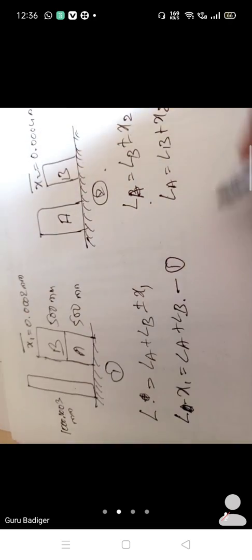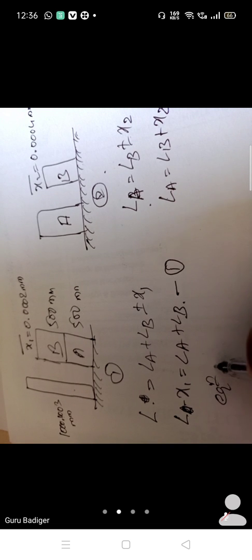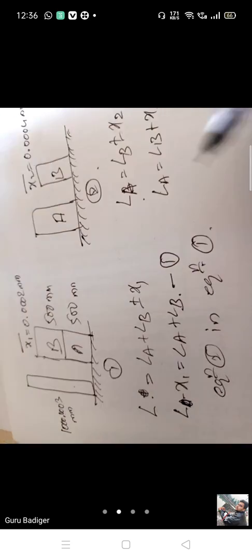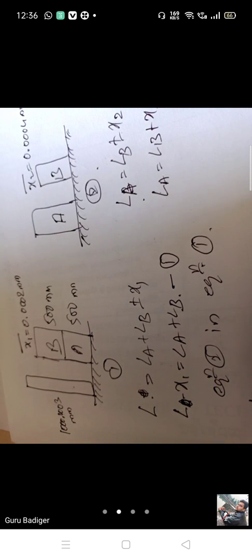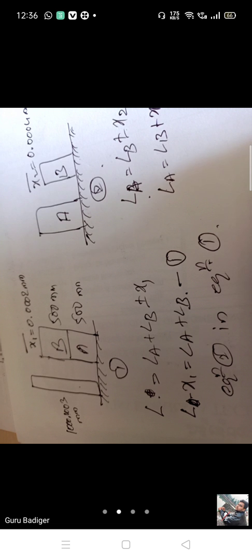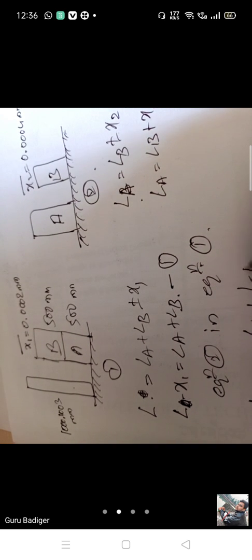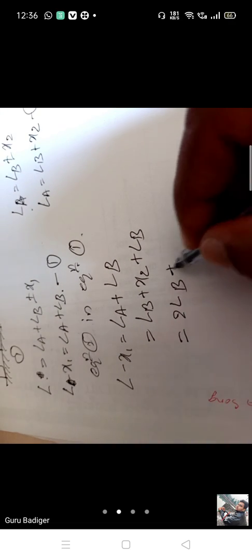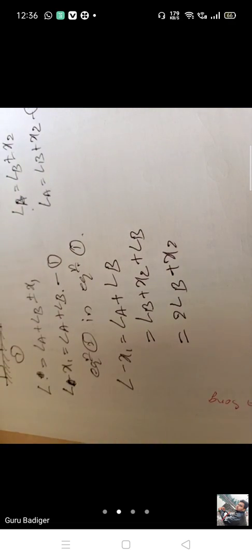So put equation 2 in equation 1. L minus x1 equal to LA plus LB. Here the LA value is LB plus x2, so LB plus x2 plus LB will become 2LB plus x2, right?